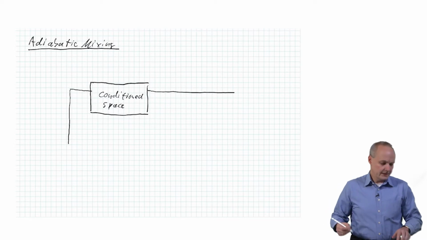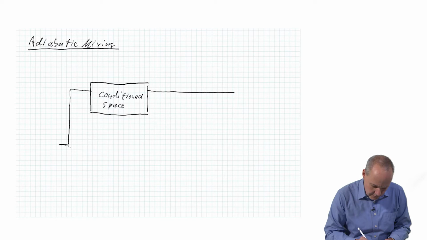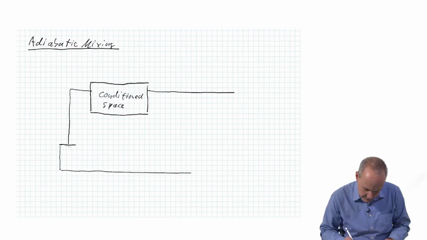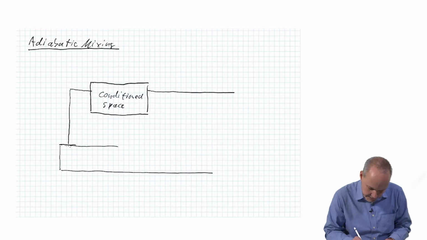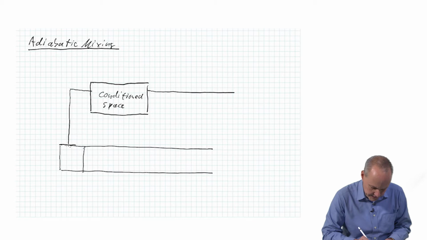But the air handling unit, I'm just drawing out to give you a sense of how this looks like. So we have a fairly big ductwork for the air handling unit. And we have a fan.